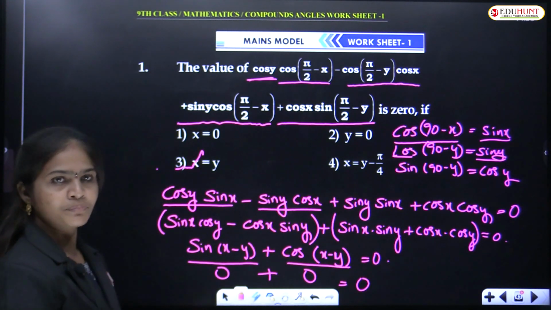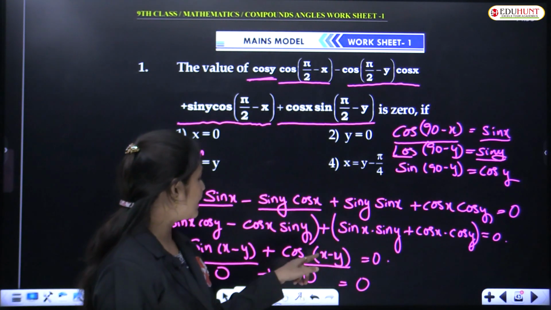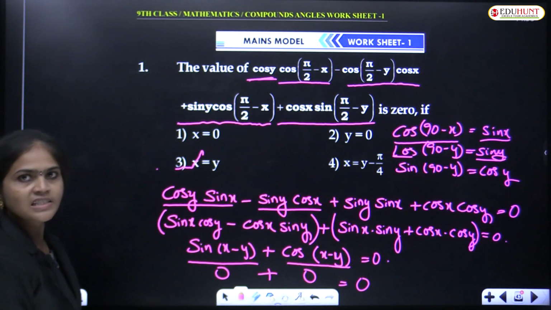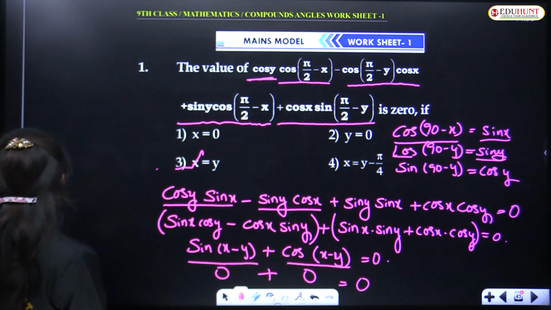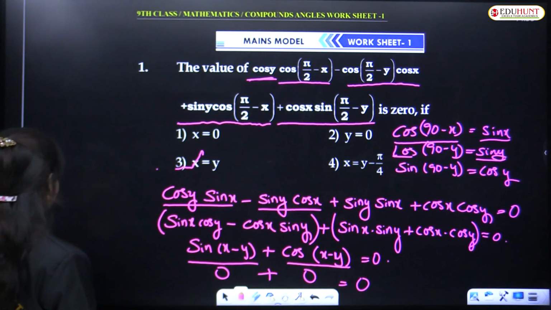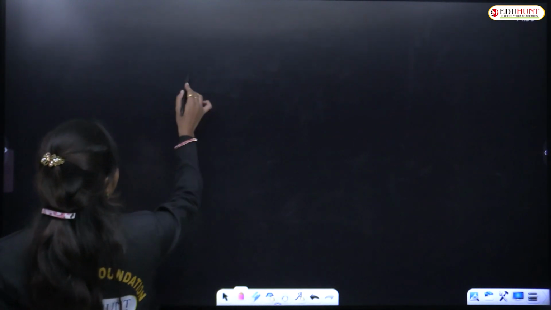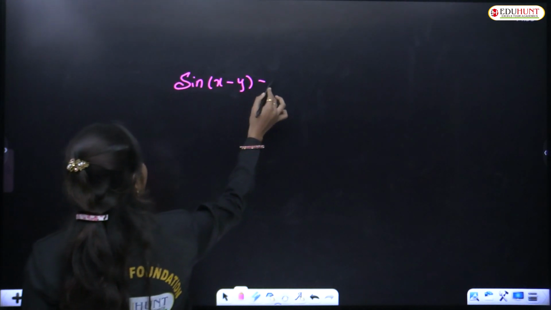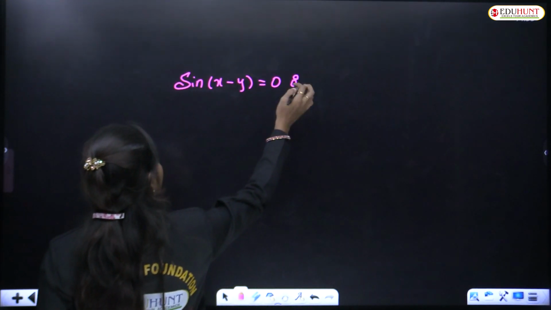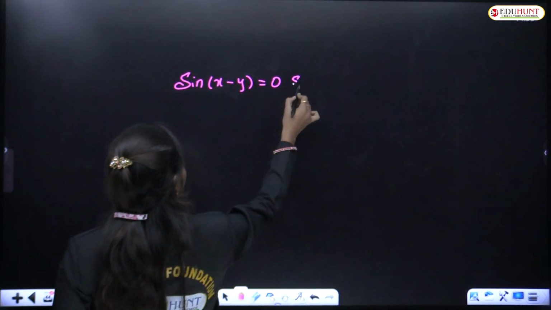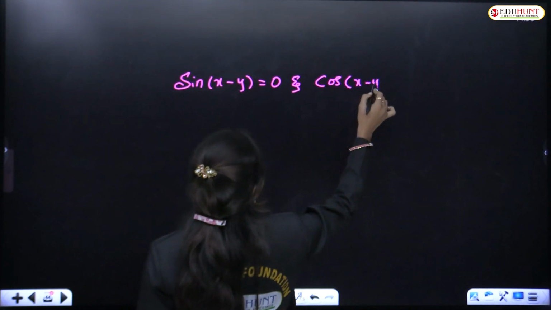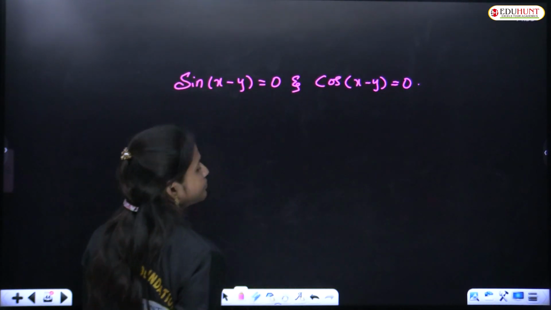Then only it is possible. So here sin of x minus y is equal to 0. Sorry, here we have to take the and condition. Next, cos of x minus y is equal to 0.